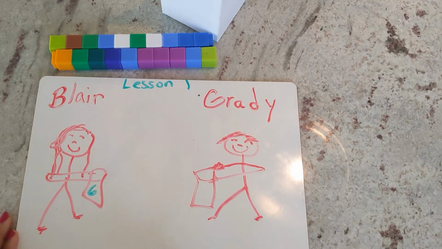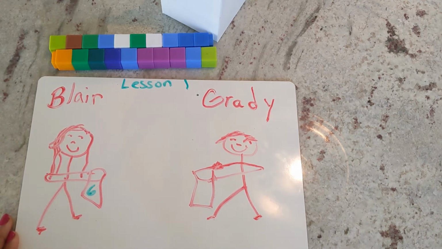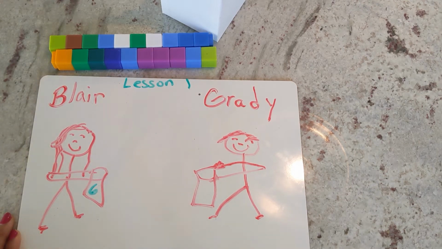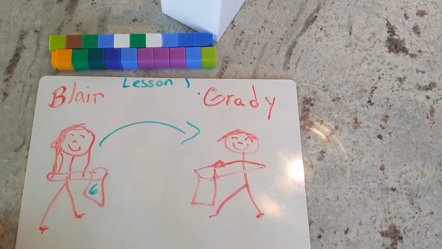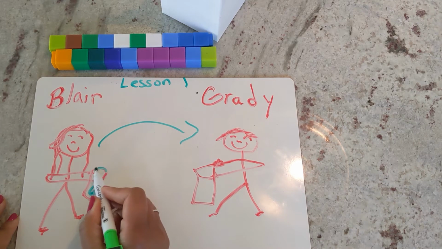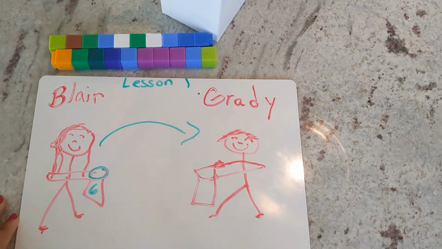Okay, lesson 1. Blair has a collection of seashells. She's really excited about them, and she wants to share some with Grady. So she goes over to Grady's house and says, "Hey Grady, look at these really cool seashells." And Grady's really excited.